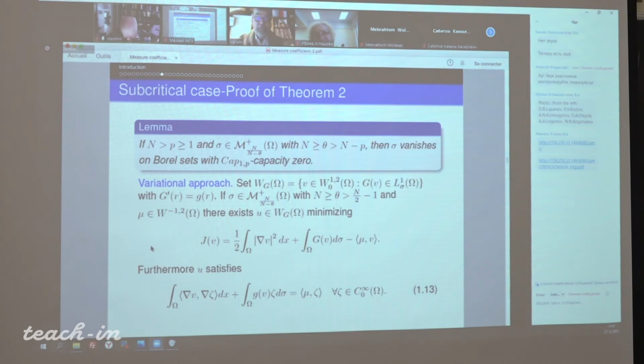And furthermore, u satisfies what I am looking for, of duality between W1,2 zero and W minus 1,2. This is what we are looking for. So this is the starting point.